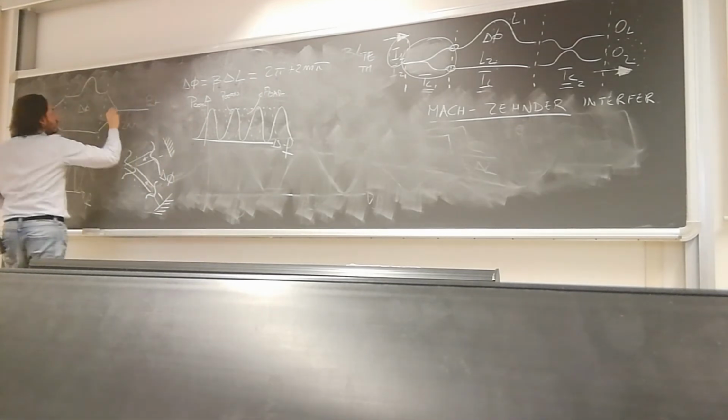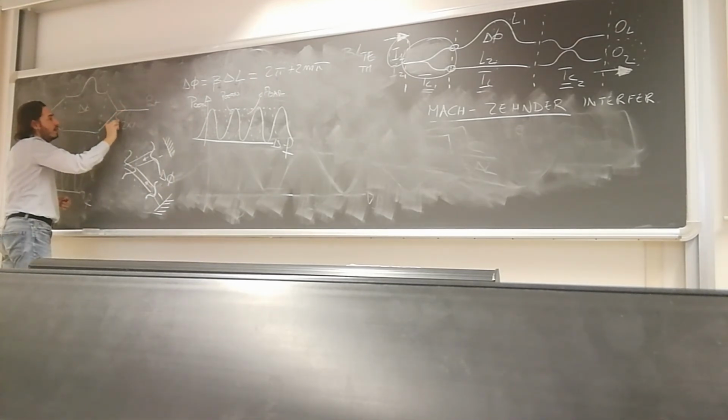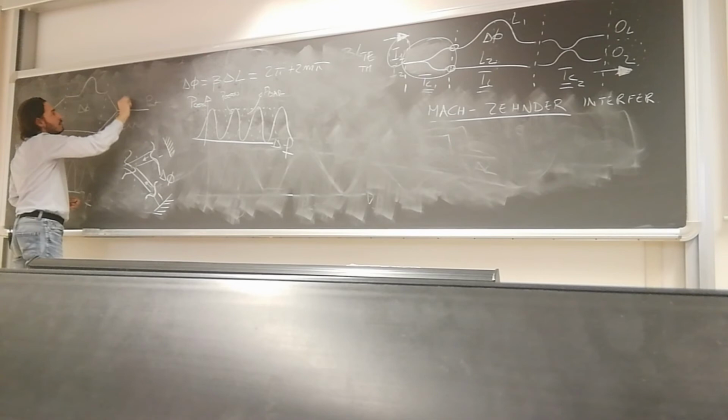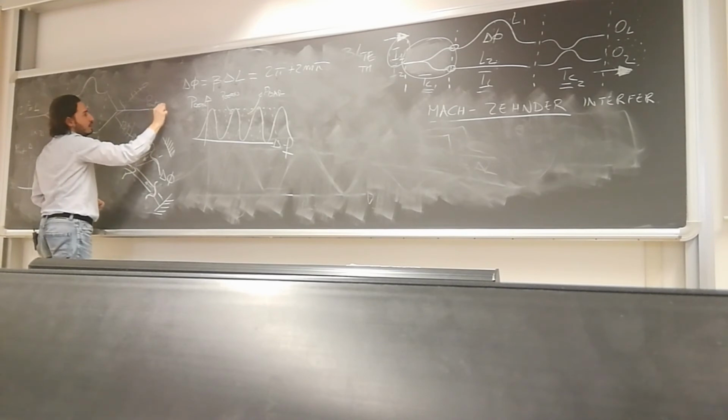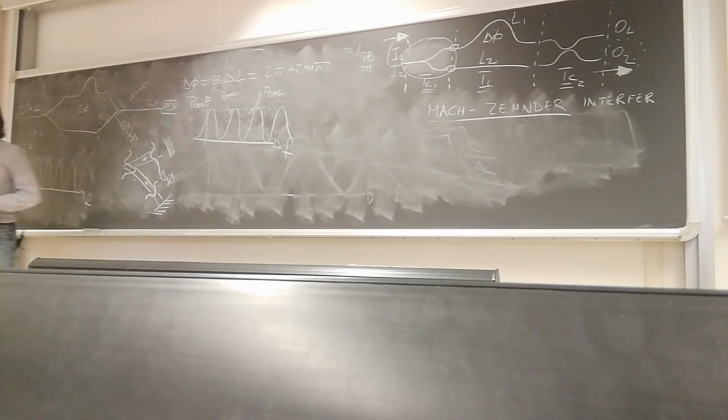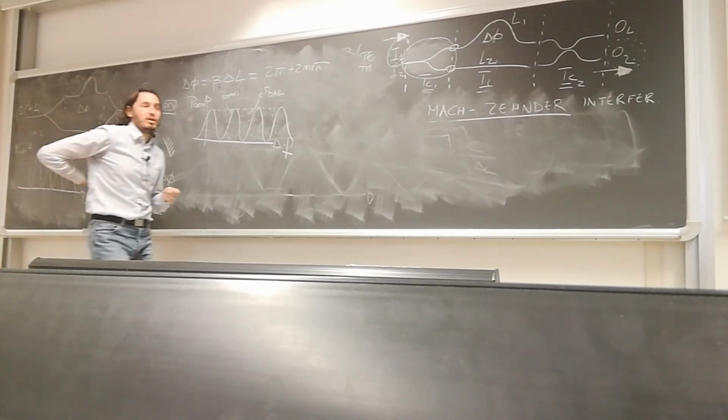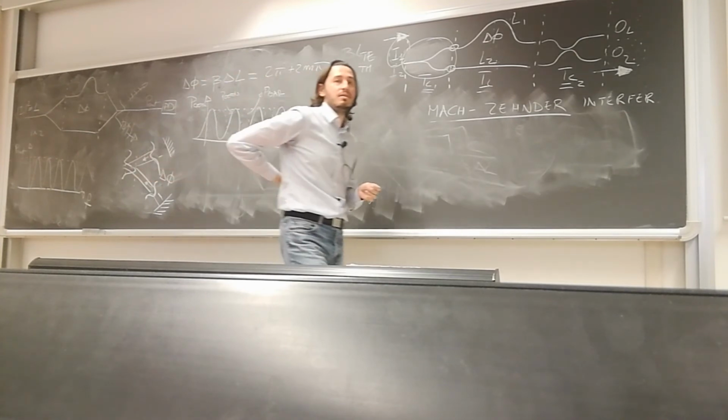If this waveguide is a single mode, this mode is going to be radiated away. So if I put my photodetector here, no light is arriving here. So the power, in this case, disappears from the output port because I have tried to excite the higher order mode.